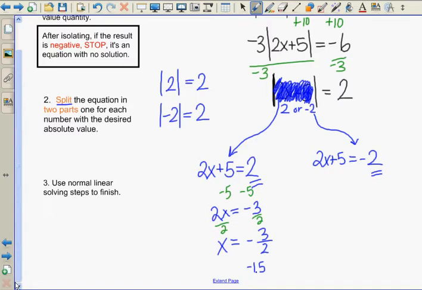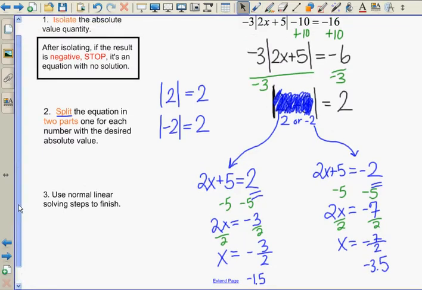For right now it's okay, but as we get into things that are a little more complicated, fractions are actually easier to work with. Then we solve the second one. Subtract 5 from both sides here as well. So 2x equals, this time, -2 minus 5 is -7. Then dividing by 2, x would be -7/2, which is the same as -3.5.